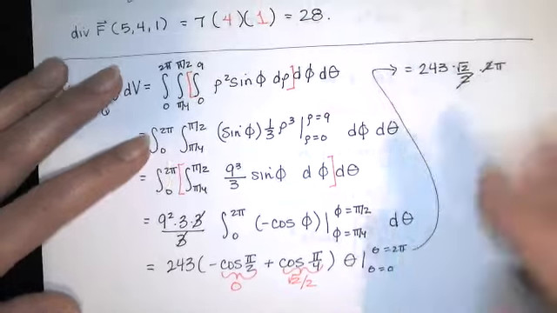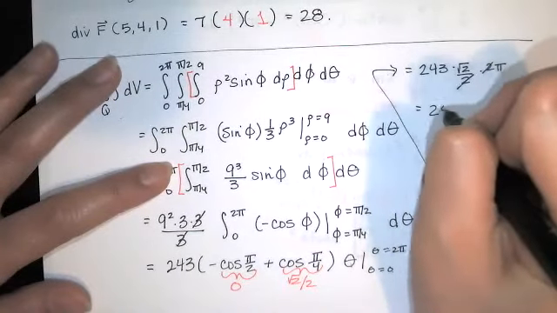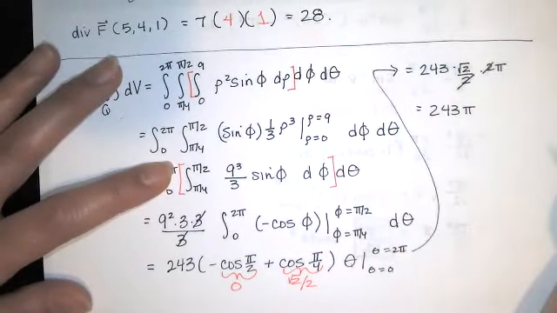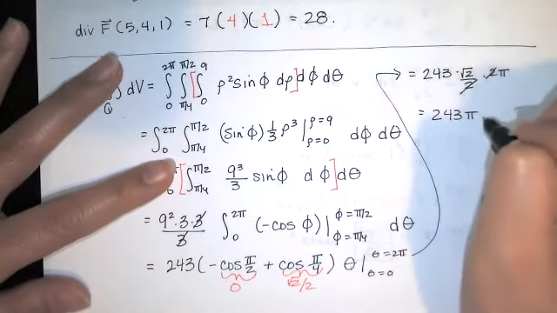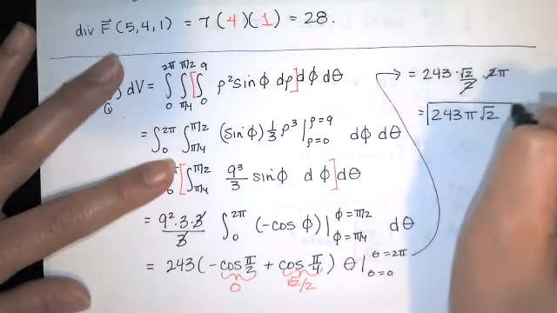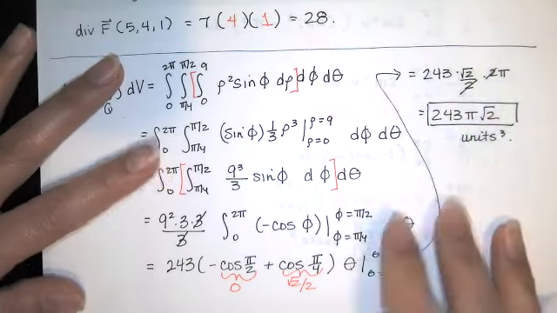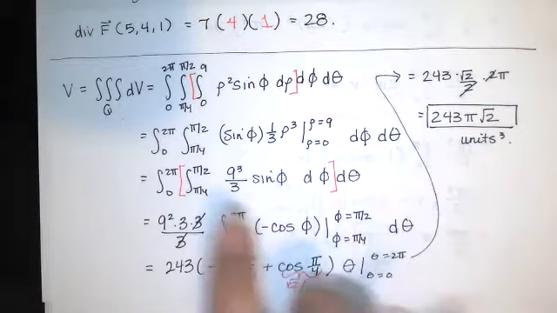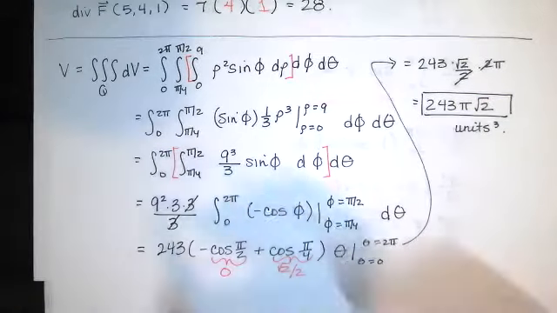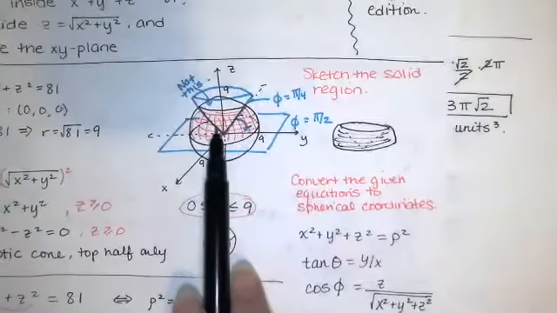The 2's reduce. Typically we write our radical last. And we have 243 pi times the square root of 2 units cubed. And that's the volume of the solid region Q, which is here.